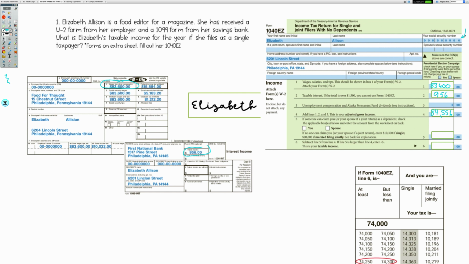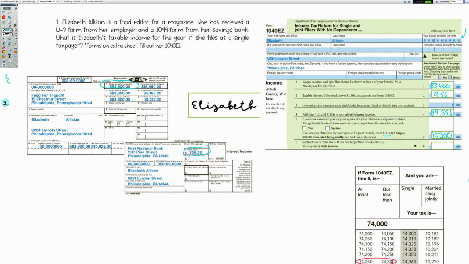All right, so the bottom line says, if no one can claim you or your spouse if a joint return, then enter 10,300 if single and 20,600 if married filing jointly. So I'm going to enter 10,300. Okay, so this is a deduction.